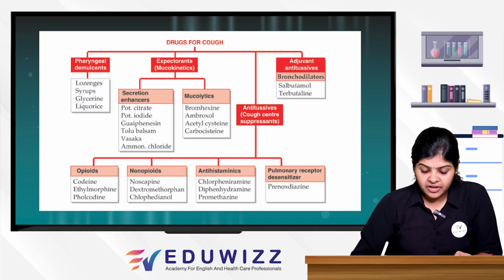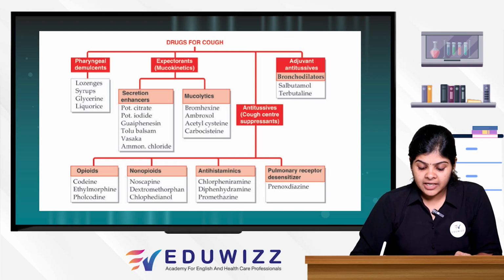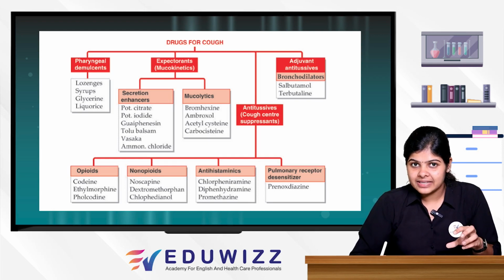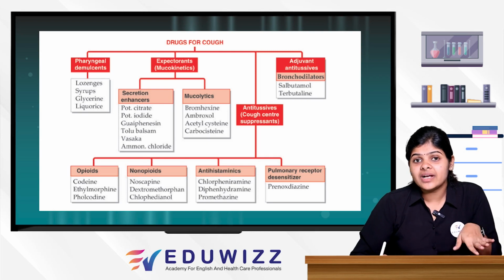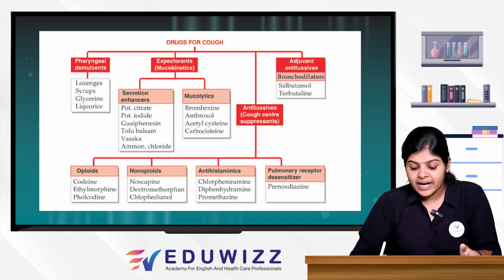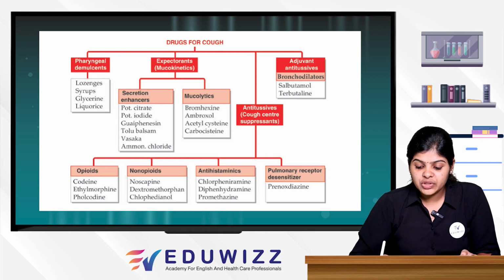Antihistaminics are chlorpheniramine, diphenhydramine, and promethazine. Pulmonary receptor desensitizers decrease the pulmonary receptor sensitization, so the cough will decrease. That is prenoxdiazine. And adjuvant antitussives are bronchodilators, that is salbutamol and terbutaline.